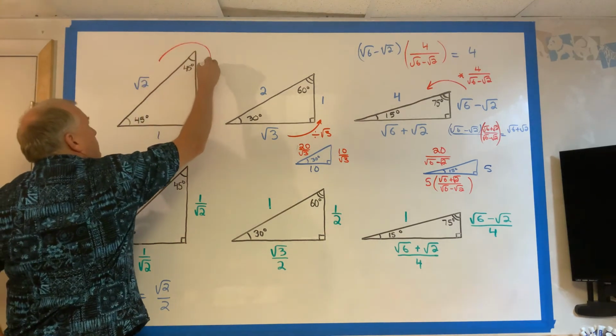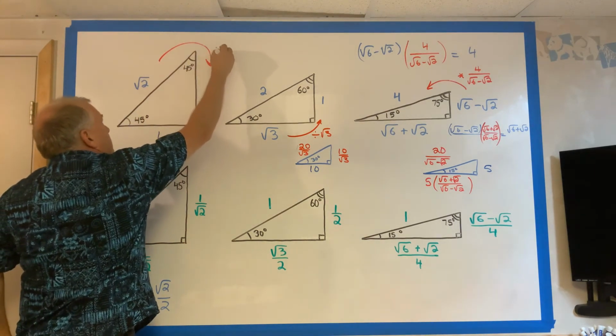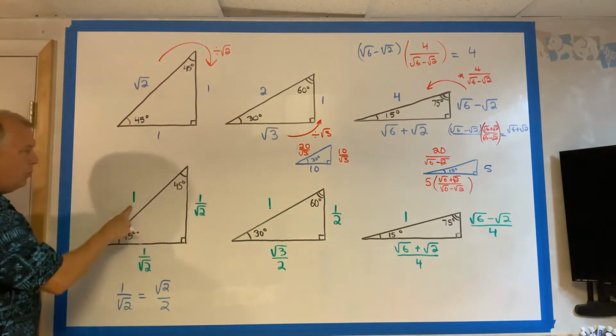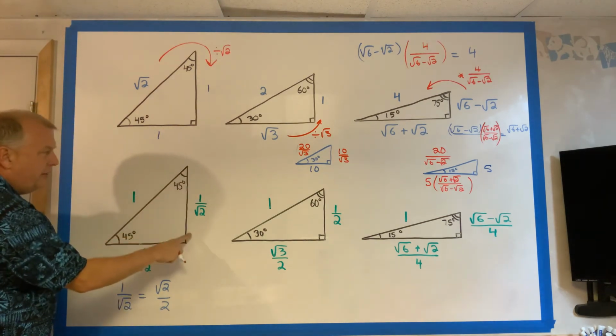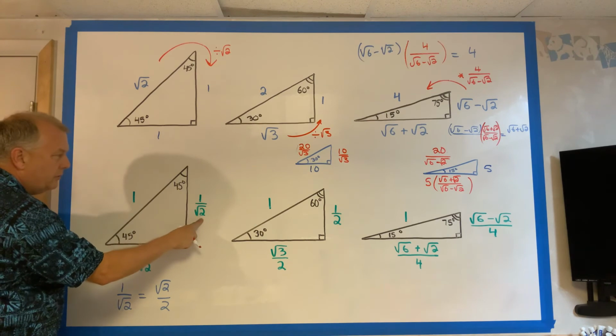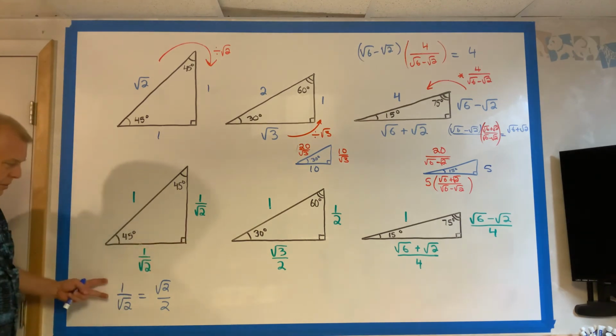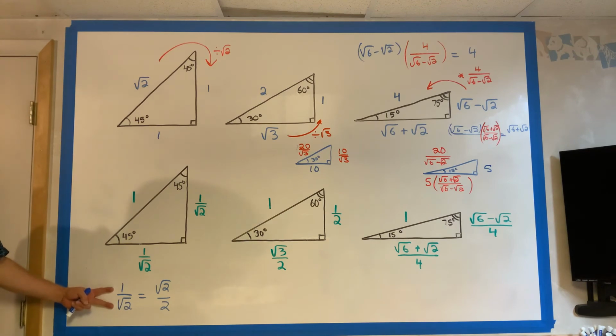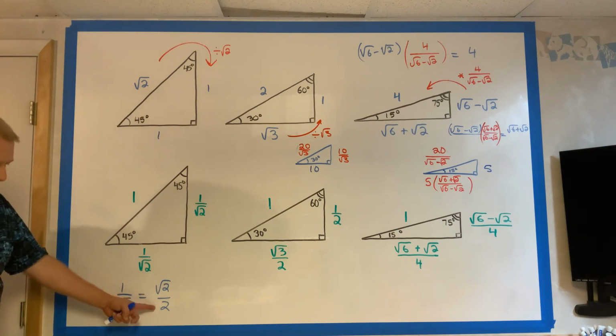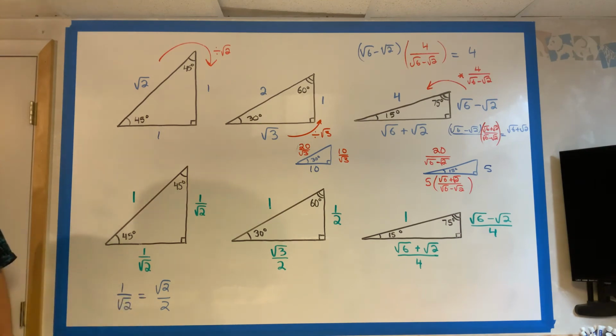That was the instruction. So to go from 1 to the length of this side, you just take 1 divided by the square root of 2. Each leg has the same length. Remember, if you rationalize the denominators, 1 divided by the square root of 2, multiply root 2, numerator, denominator, you get root 2 over 2. So you could express that either way.